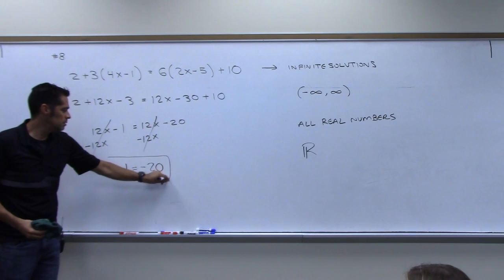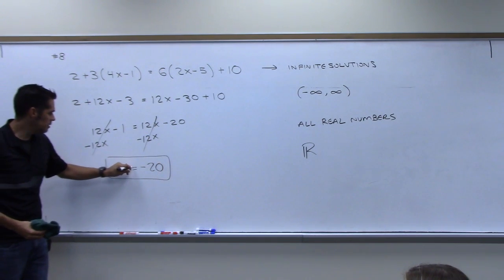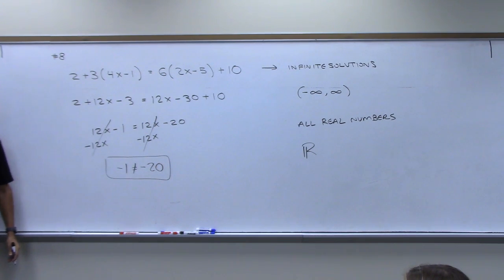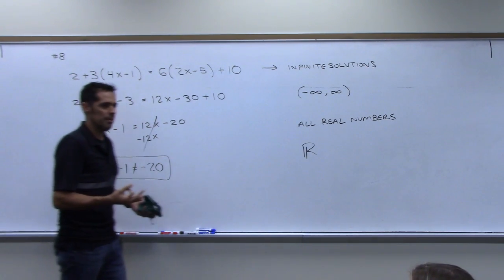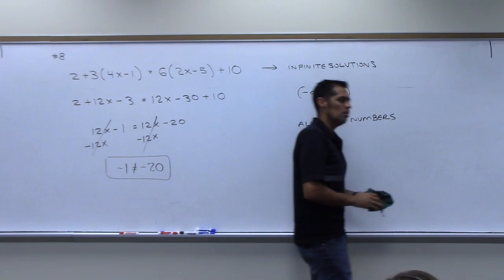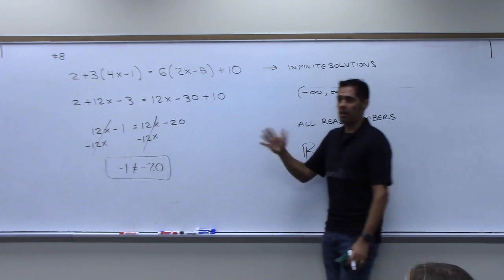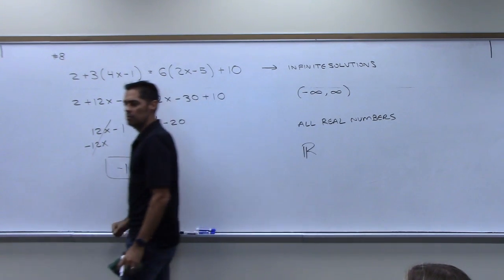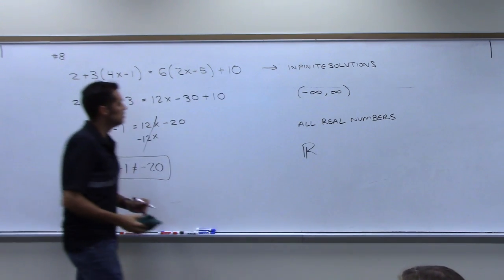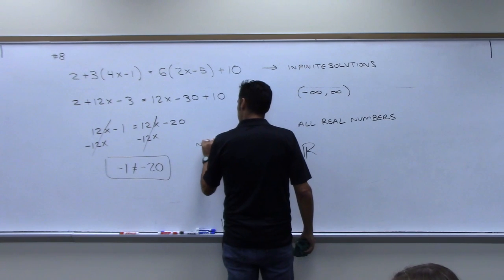Is this true? I hope not, right? Negative 1 is not negative 20. This is your third case that could happen. What do you think this means? No solution. This means that there is no way you can ever come up with an x, ever, that's going to make this true. So we put no solution. And you can write that no solution.